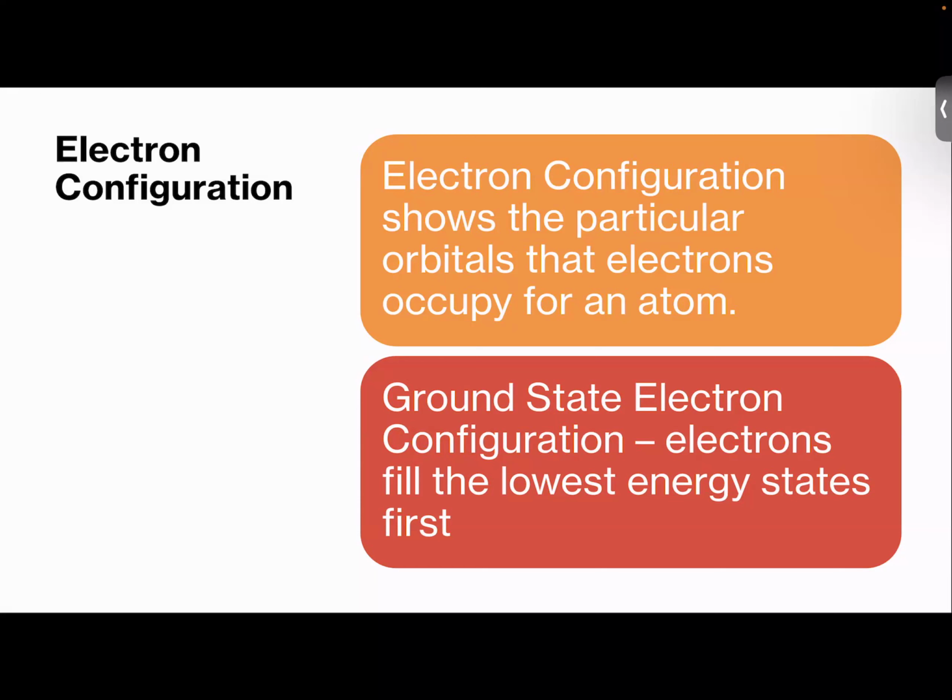Example, when we were working with hydrogen, we took the electron that was in the 1s and exposed it to electricity and shot it up to the 6. That would be putting it in the excited state because it's in a place where we didn't expect to find it. But the ground state puts the electrons in the lowest energy levels first.